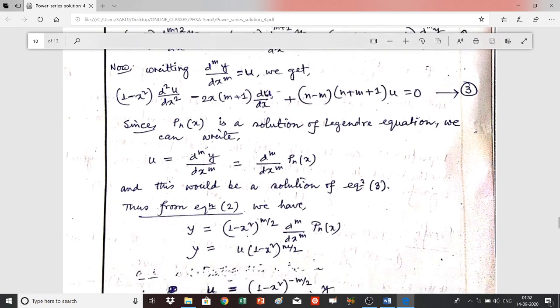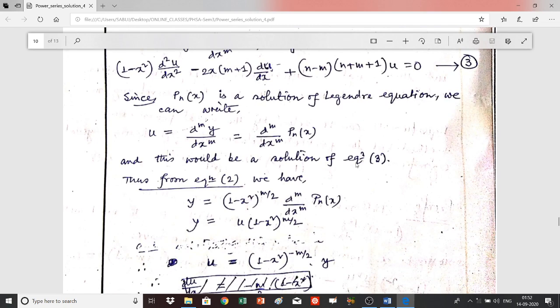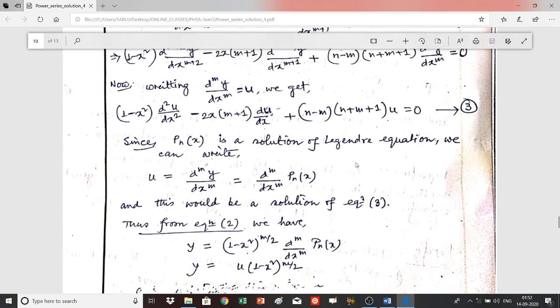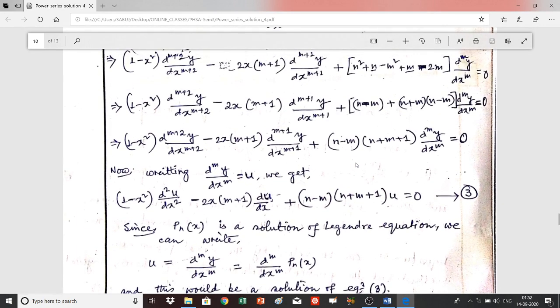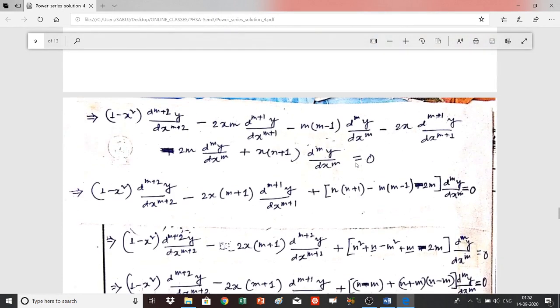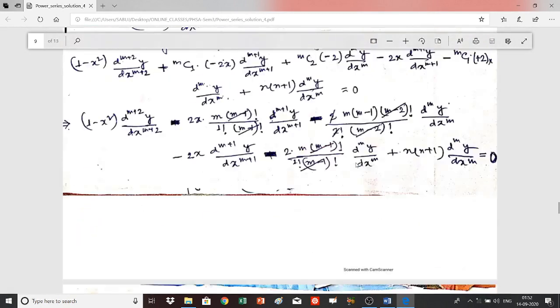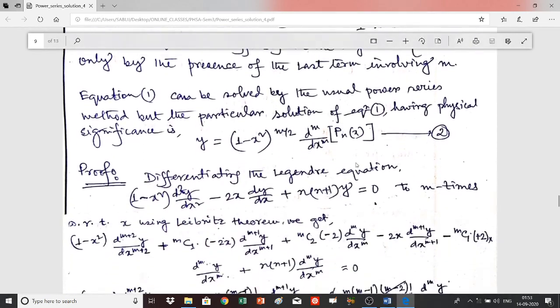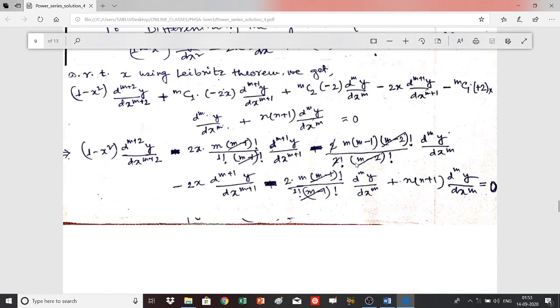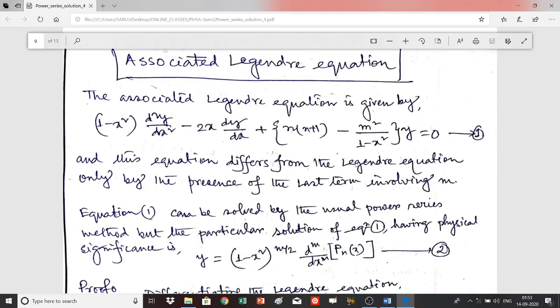Now from equation 2, which was written initially in the first part, it is here: y is equal to (1 minus x squared) to the power m by 2 d^m by dx^m P_n(x).